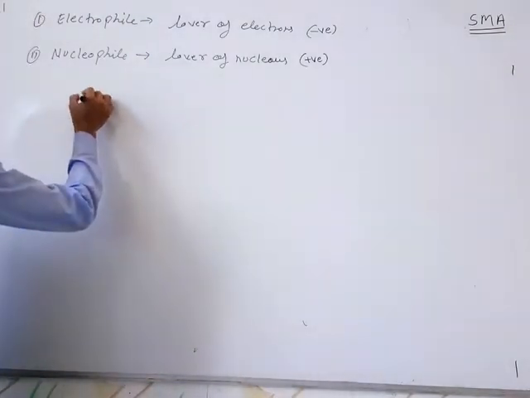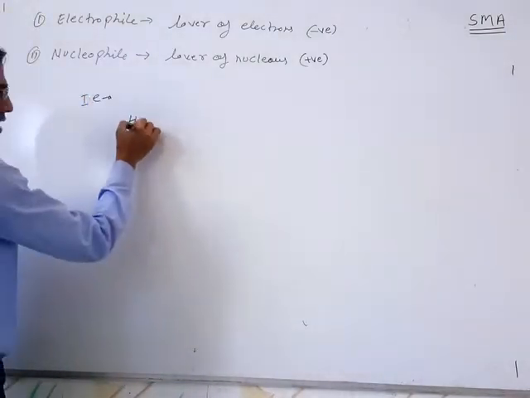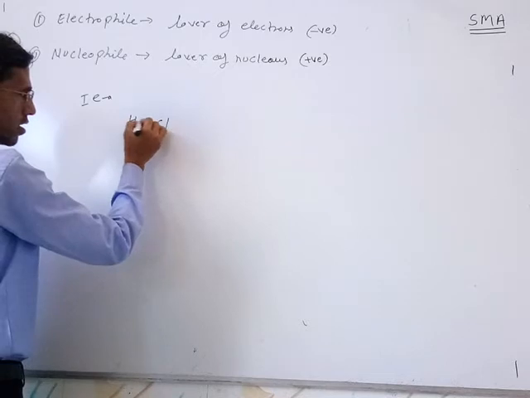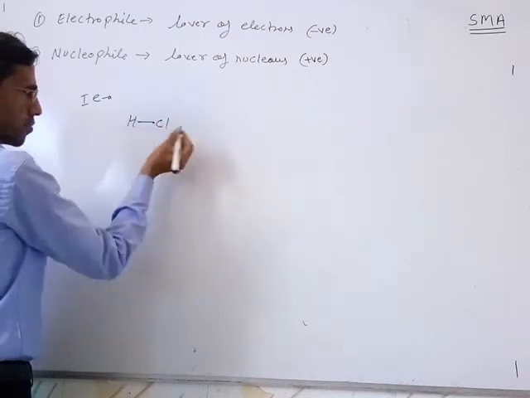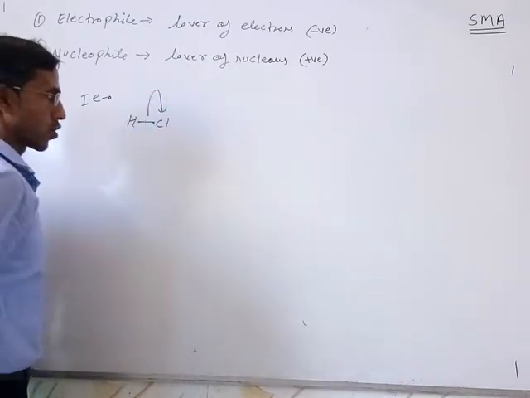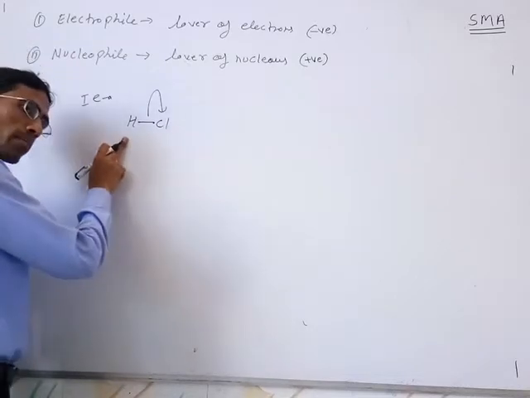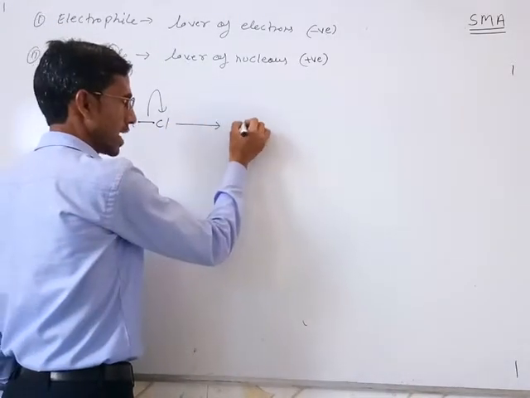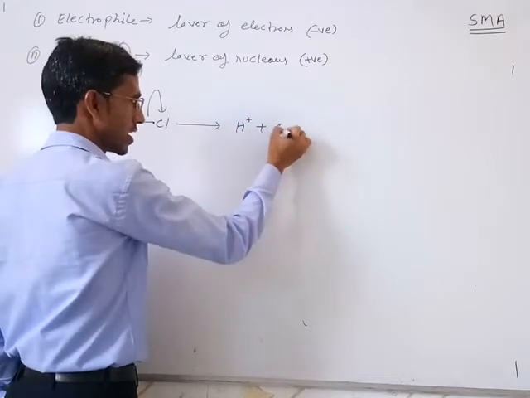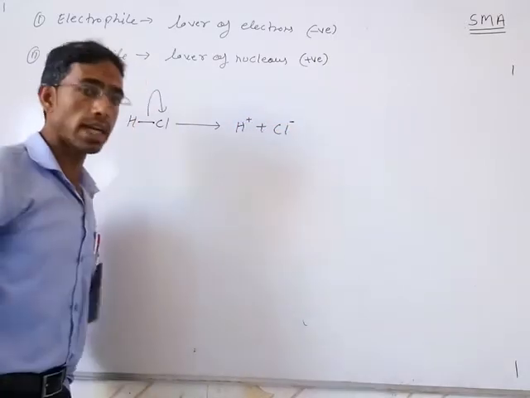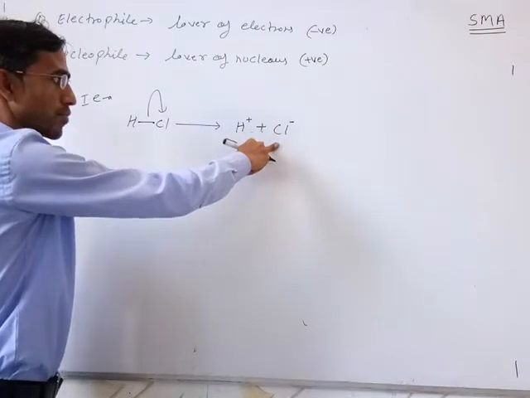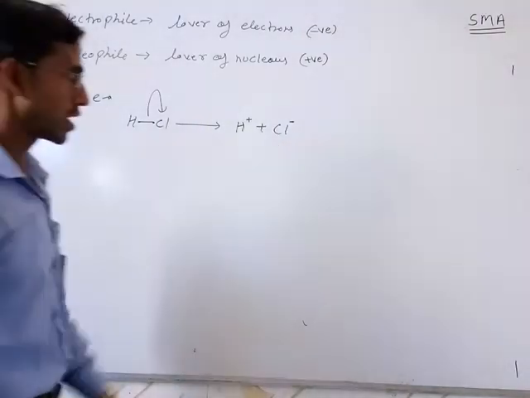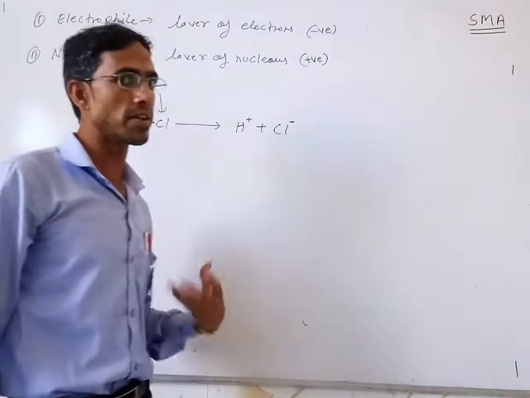For example, in HCl the bond is decomposed; chlorine is more electronegative as compared to hydrogen. In this condition, H represents positive charge and Cl represents negative charge. These are attacking reagents. We are discussing which is electrophile and which is nucleophile.